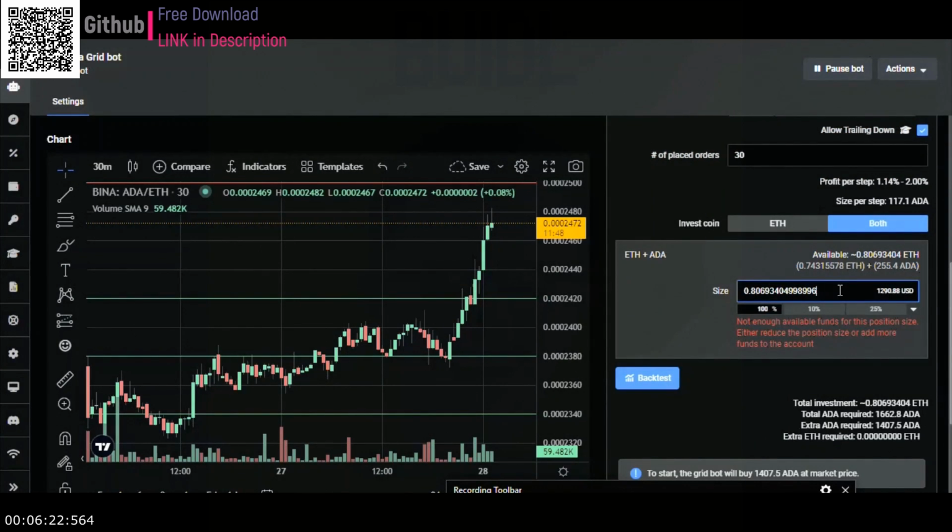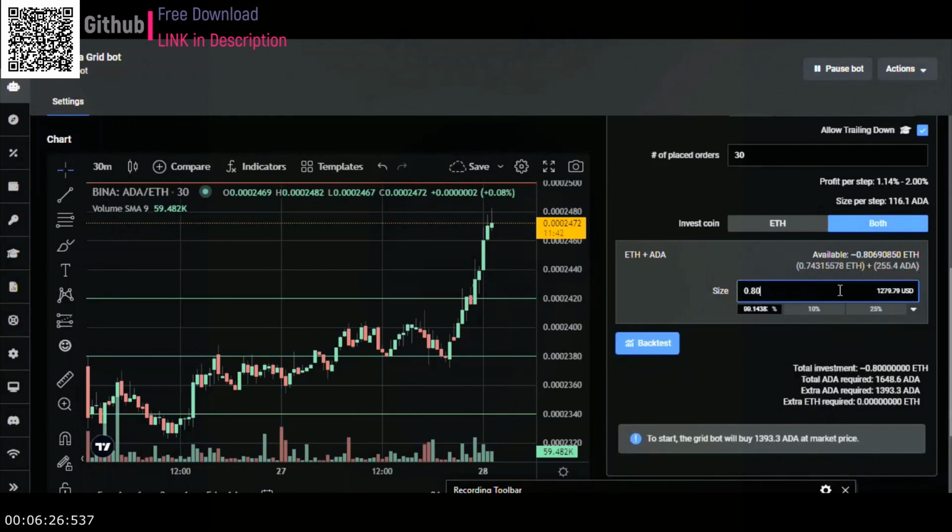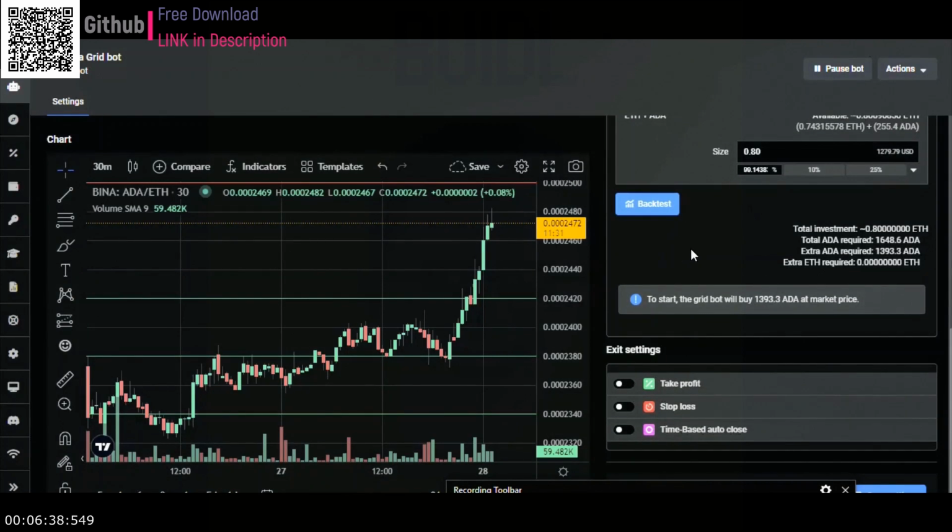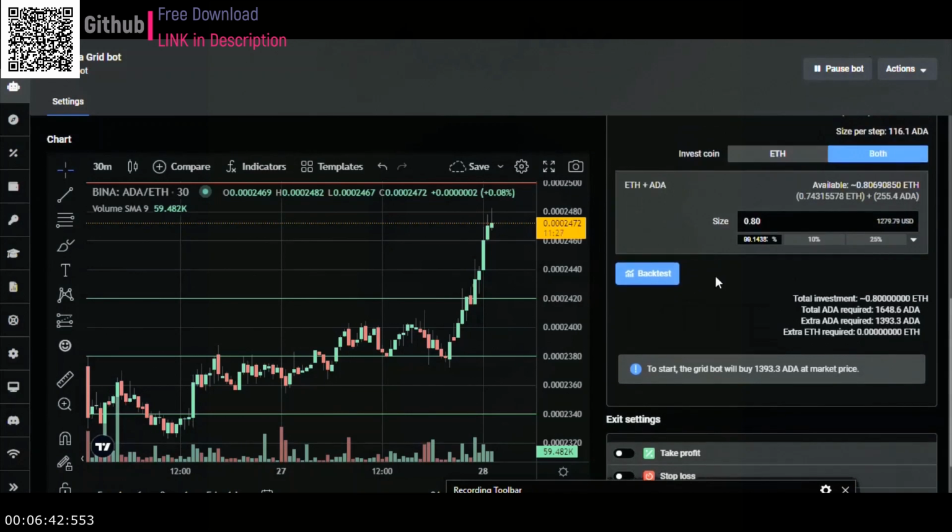So I'm going to reduce this to 0.80, right? That would be great. So 99% of my assets will be used to run this bot. The other thing, one option given is backtest, you can do that also if you are interested. The total investment would be 0.8 Ethereum, and total ADA required is 1648.